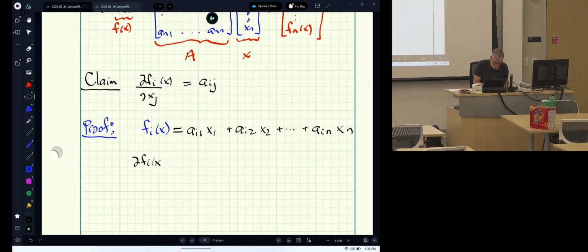So if that's f_i of x, and now I take the partial derivative with respect to x_j, the j just picks off the column here. So this equals a_ij.